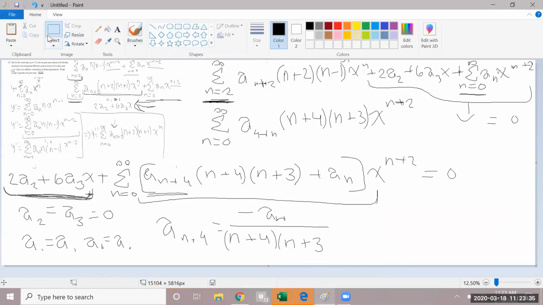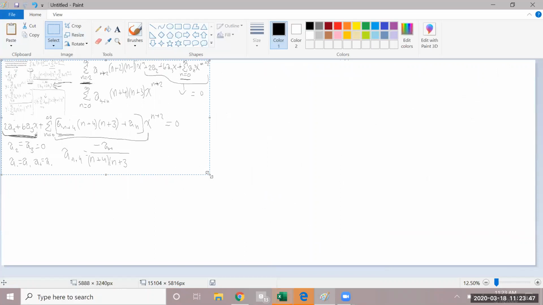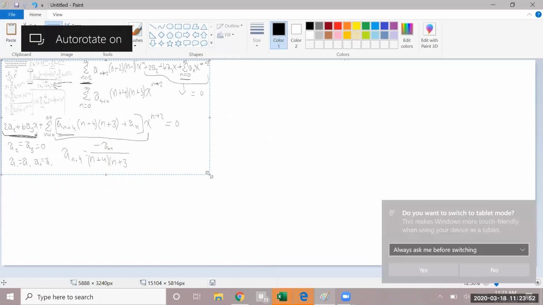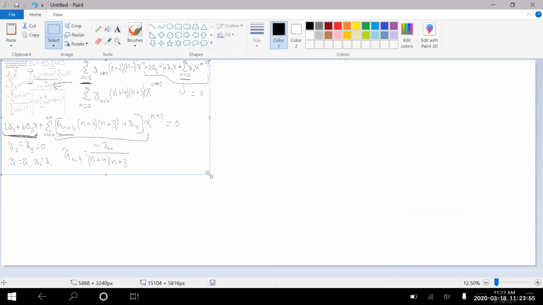But let me go ahead and make this smaller once again so we can begin to solve for the actual coefficients that will be ultimately in your answer. This is the last step of what we're doing. So we have a sub naught equals a sub naught.